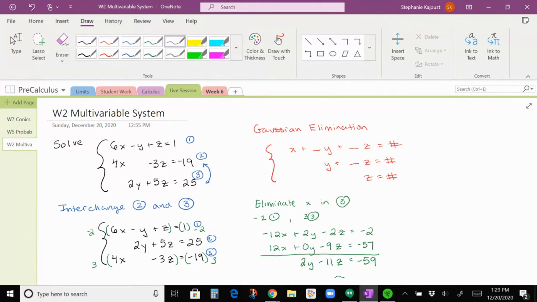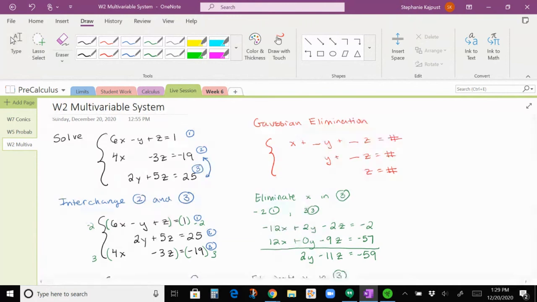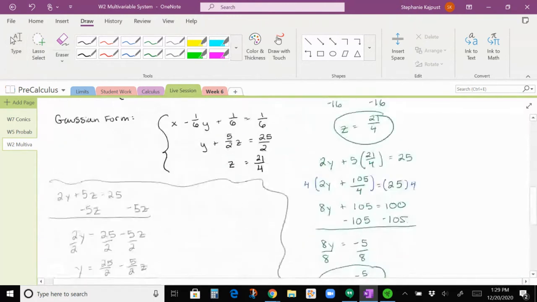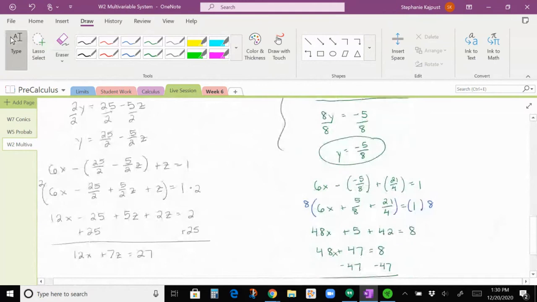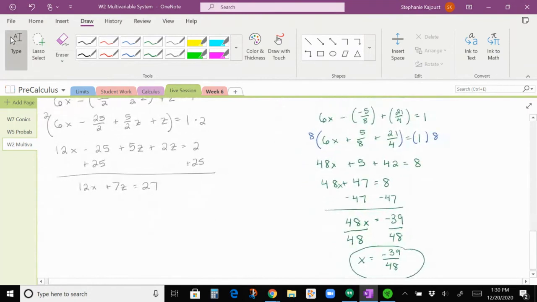It's more of a what makes sense to you kind of thing, whether you just want to stick with the Gaussian elimination or if you want to try substitution. You do have to keep track of everything you're doing. And when you do that, I do recommend rewriting your system. So I just changed the first equation to 12x plus 7z equals 27.